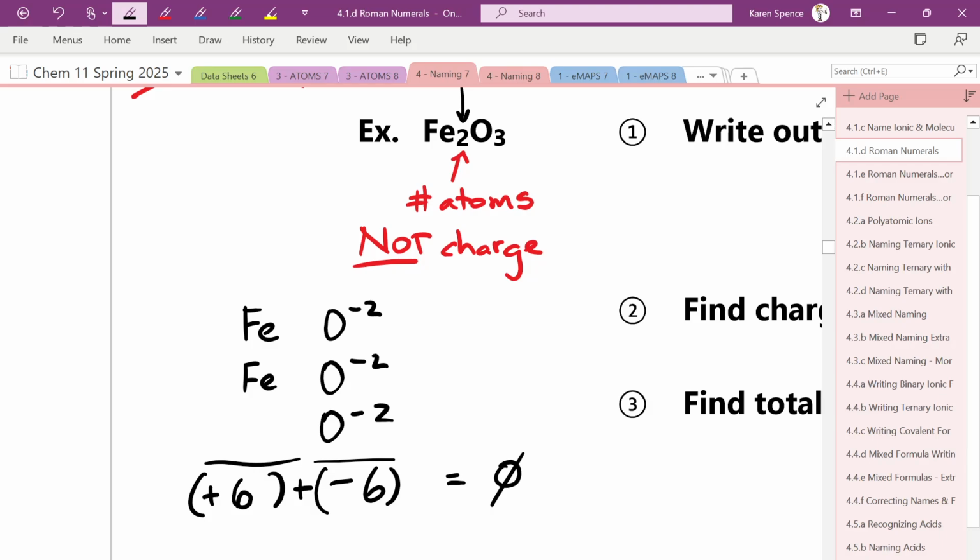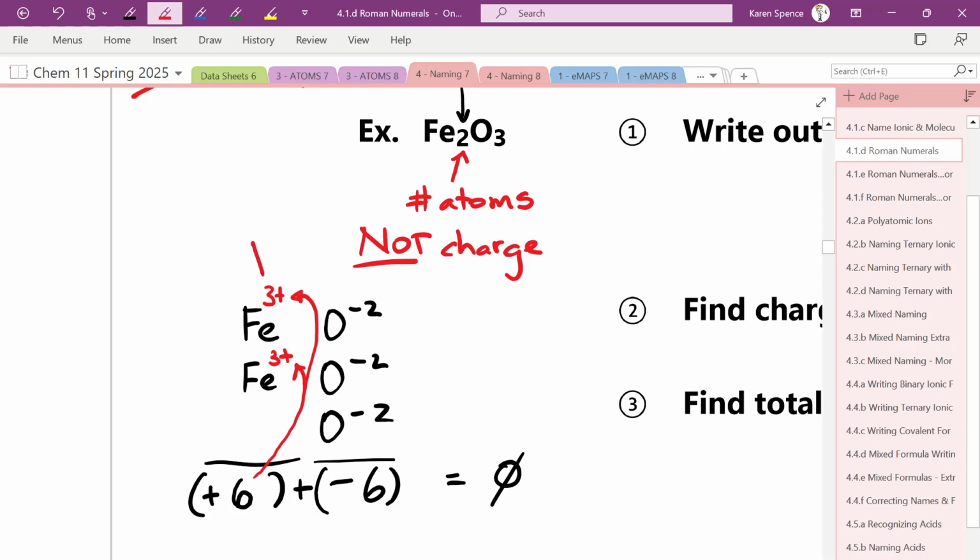In total. But I look at that and then I say, where do I get that total of 6? I get it from 2 iron atoms. That means that I'm going to take that 6 and I'm going to split it up. So I get a 3+ and a 3+. If I add 3+ and 3+, I get 6. Okay?